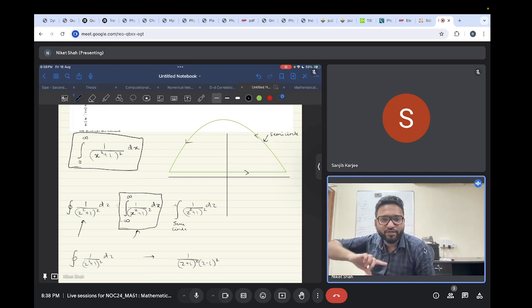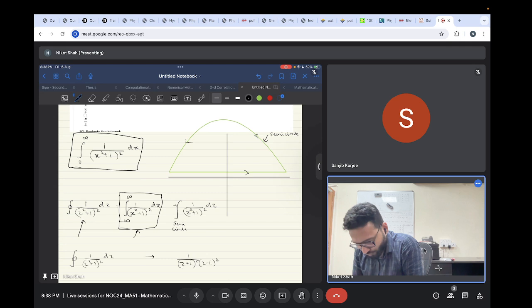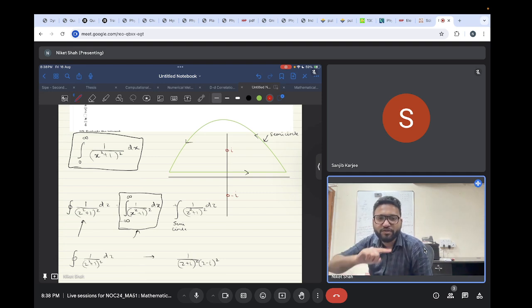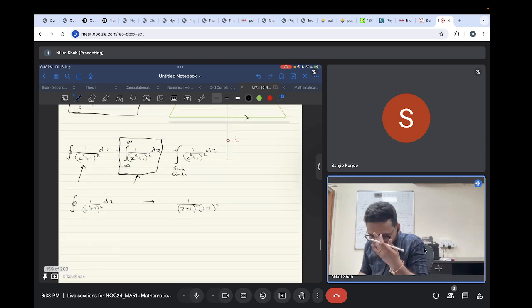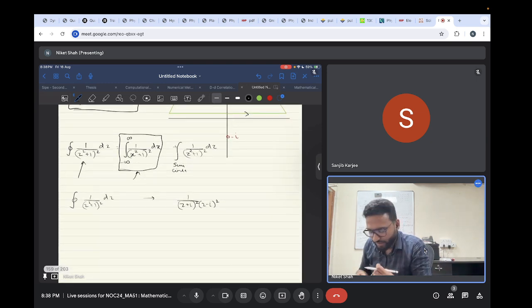Now, because I am choosing the contour in the upper half plane, there is only one pole. So I'll just draw the poles here. This is I, this is minus I. There are two poles, but because in the upper contour only one pole lies, only plus I, I will be considering only that pole. But because it's a second order pole, I'll have to evaluate the residue accordingly.